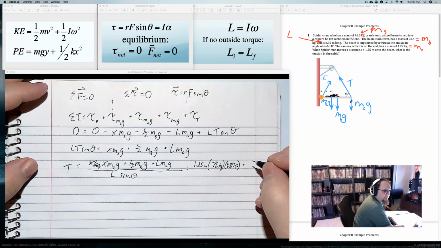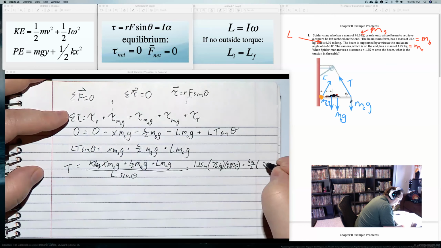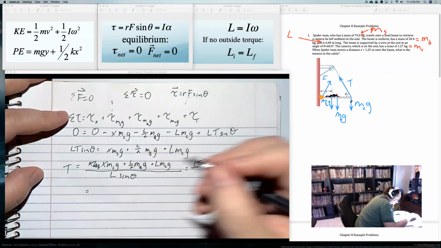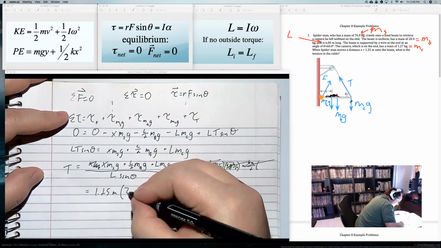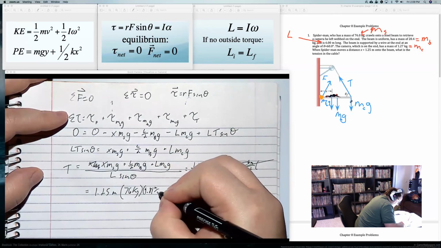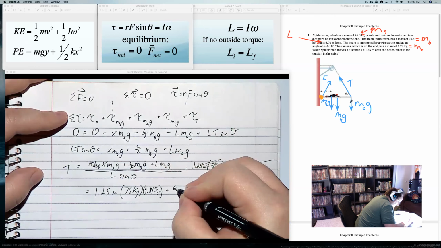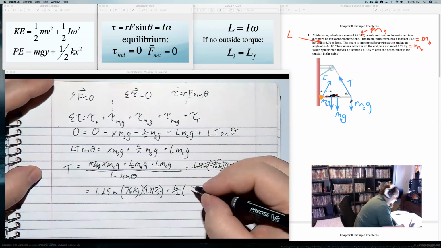L is 6 meters. I'm just going to start this again on another line because I'm not going to fit it, and I don't want to make it messy. Mass of the beam, 20.4.